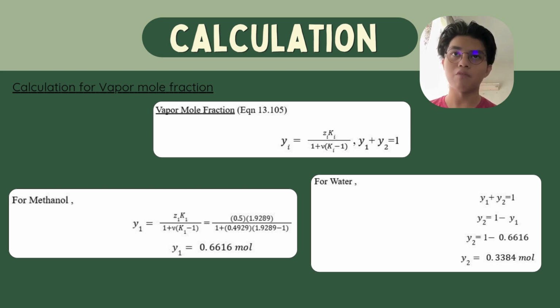After we got the moles of liquid and vapor, we move to calculate the vapor mole fraction. We calculate the vapor mole fraction by using equation 13.105. For methanol we got Y1 equal to 0.6616, and for water we got Y2 equal to 0.3384.